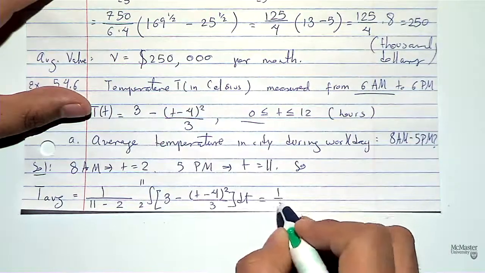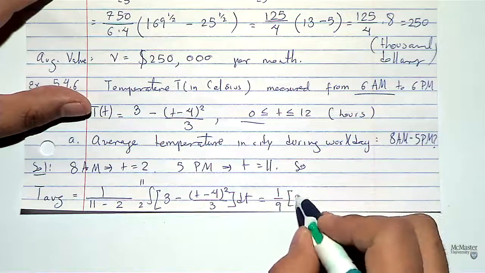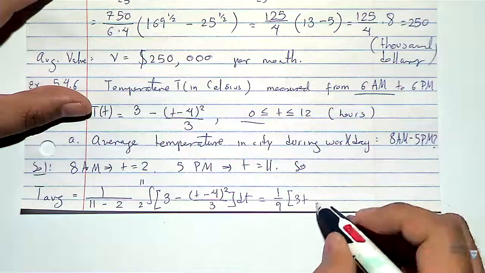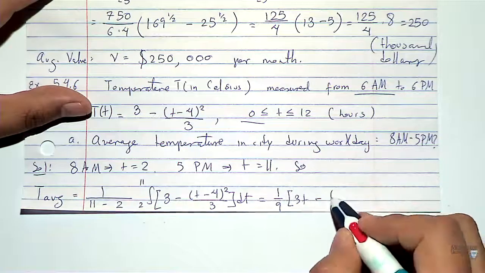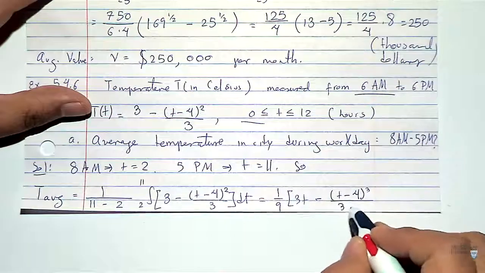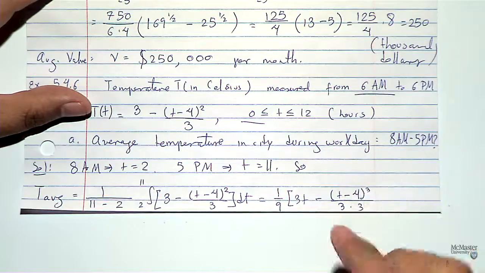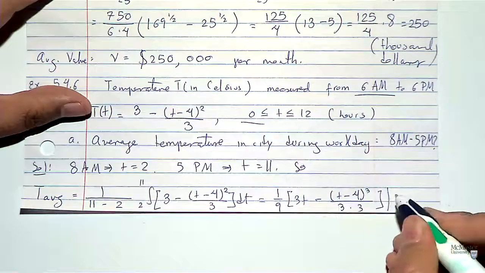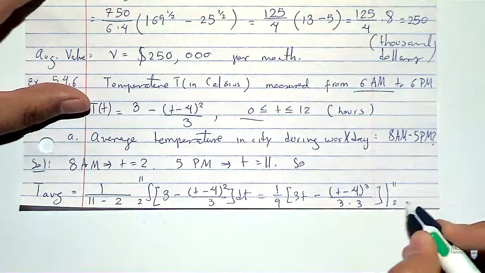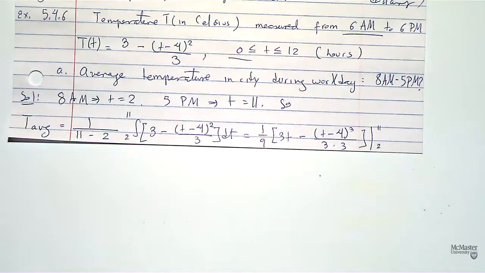So you have 1 over 9, and then the integral, so you have basically 3t, by the first integration, you will put some limits, then you have (t minus 4) cubed over 3 times 3, just think about it. So one of the 3s goes out, and then you have squared. This has to be evaluated between 11 and 2, though. So far so good in terms of the integration.